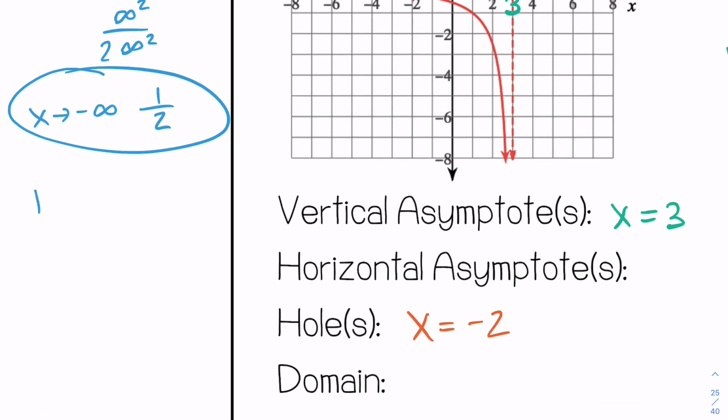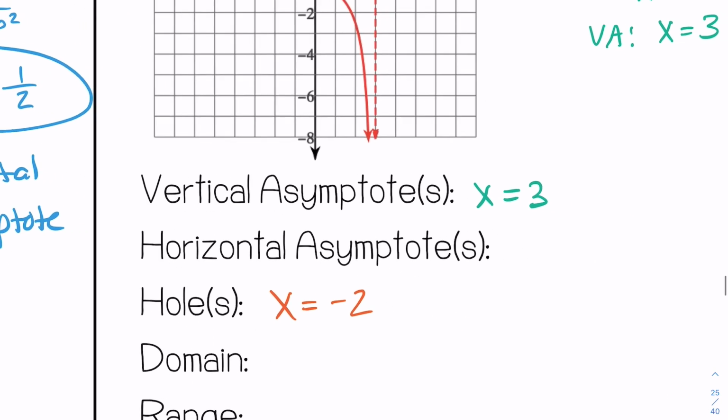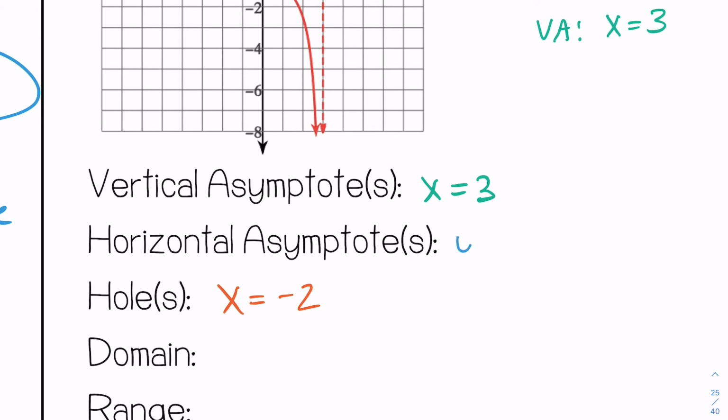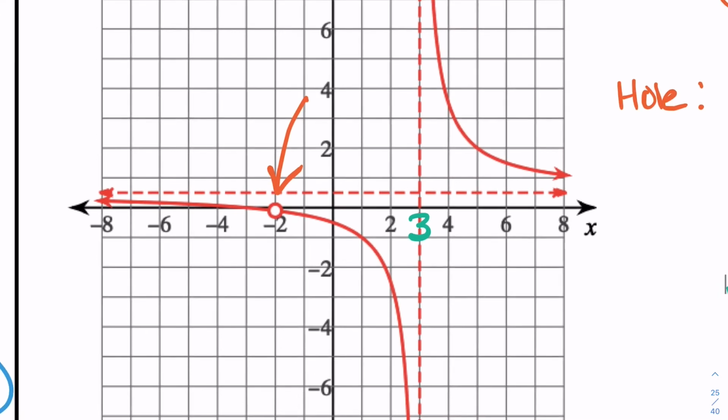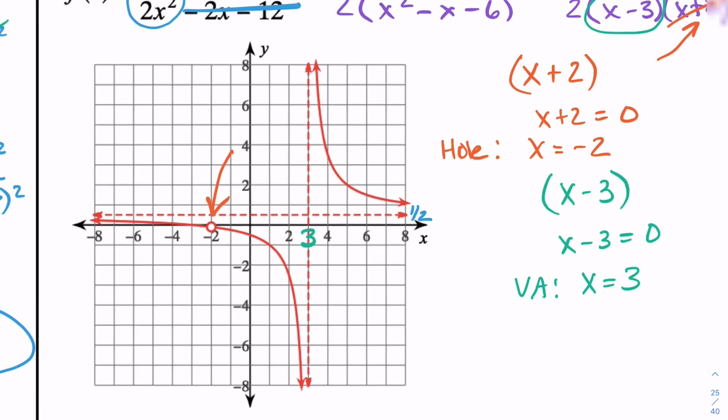It's 1/2. So our horizontal asymptote is y equals 1/2. We write it as y equals. We'll take a look at what looks like is happening right here. 1/2. That's why, because as we go on forever in both directions, it gets closer to 1/2.